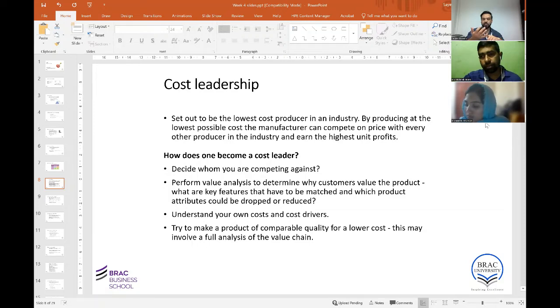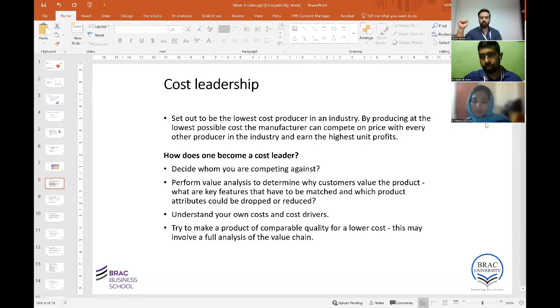If you want any in-flight meal, they will charge you separate money. If you'd like to book your seat in advance, they will charge you extra money. So they made all of these value-added services, and they've dropped the fare compared to others. And that could also be an example of cost leadership.